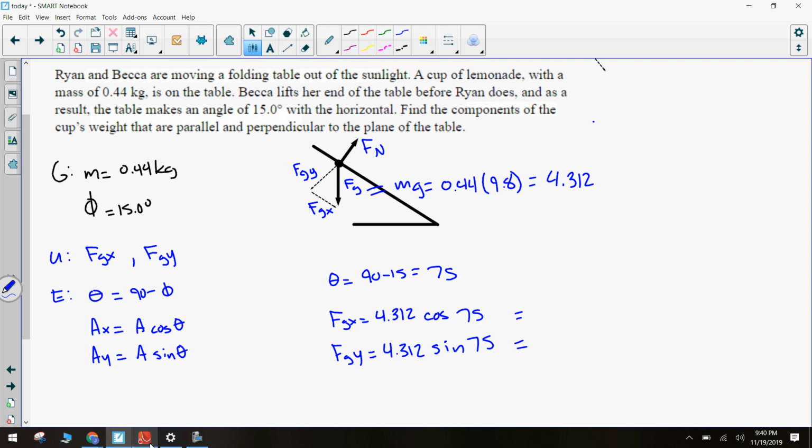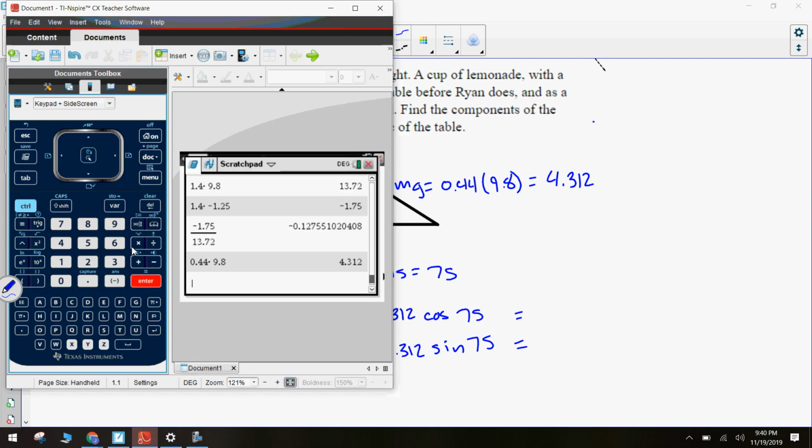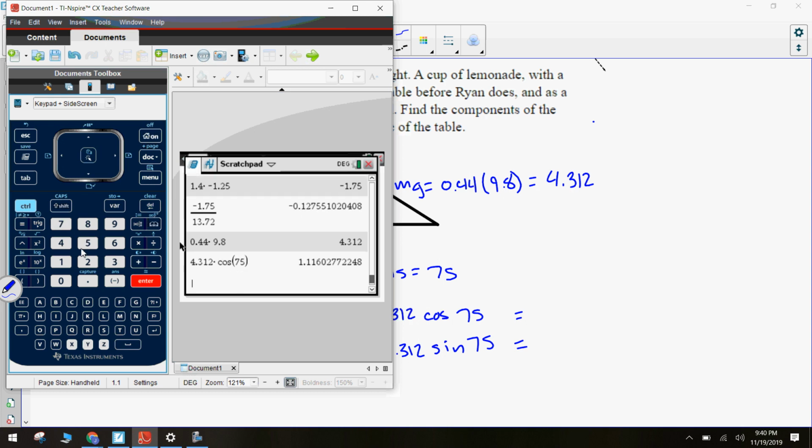So now, calculator time. 4.312 times cos 75, and 4.312 times sine 75.